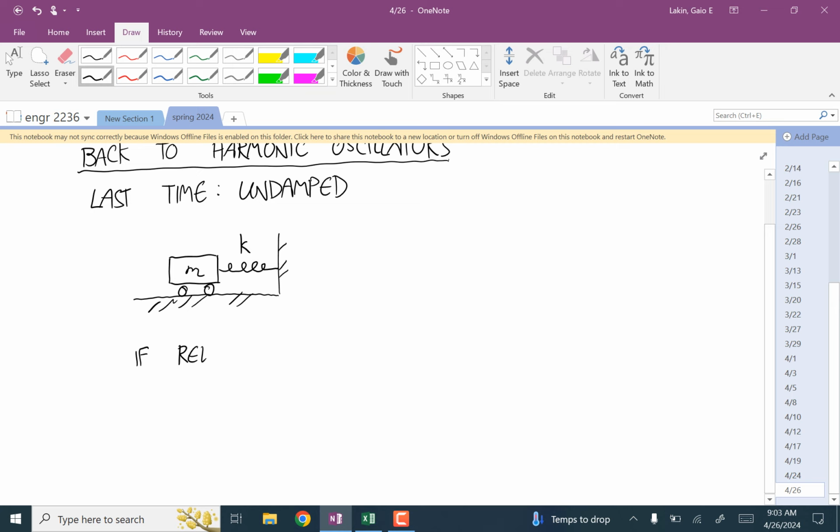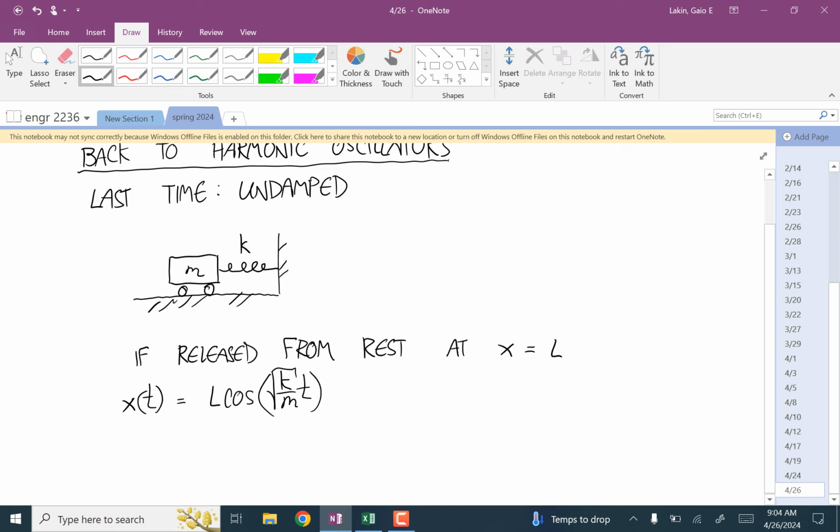if it's released from rest, like an equilibrium position, at x equals L, what we got for this function is x as a function of time is equal to L times the cosine of the square root of k over m times t.